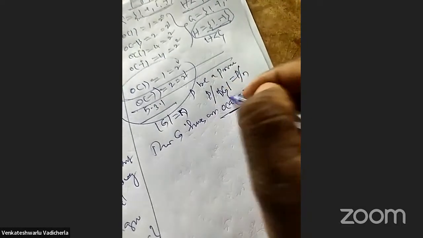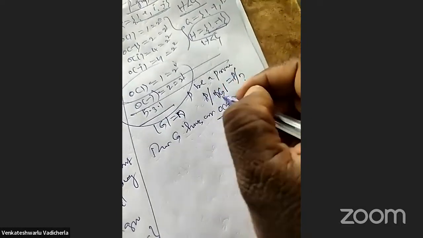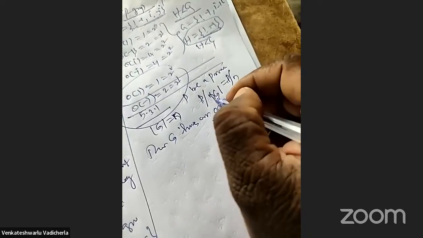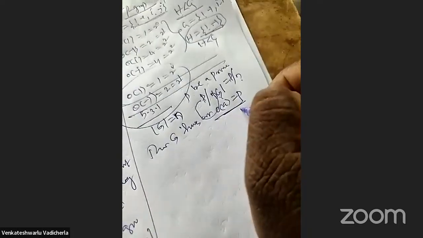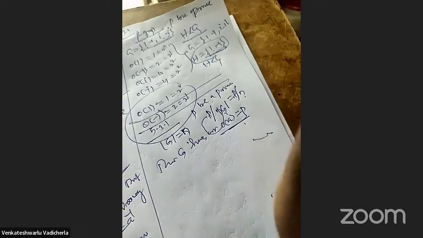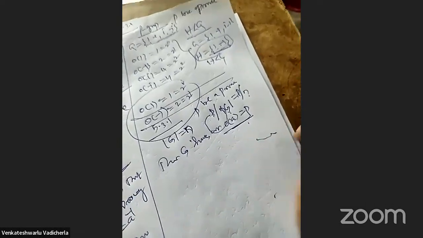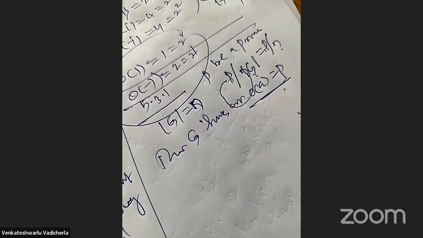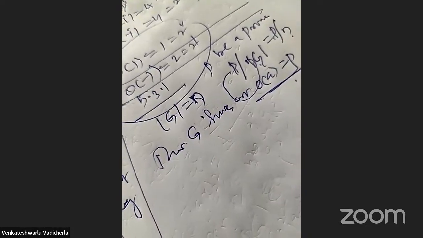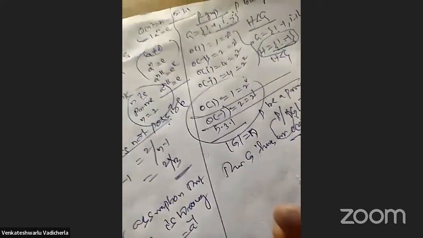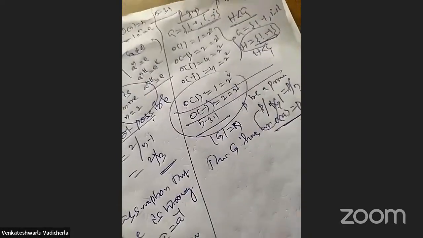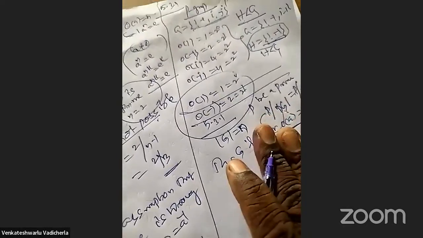So p divides n, p divides the order of G. Then G has an element of order p, where p is a prime number. An element whose order generates the group is called a cyclic group.